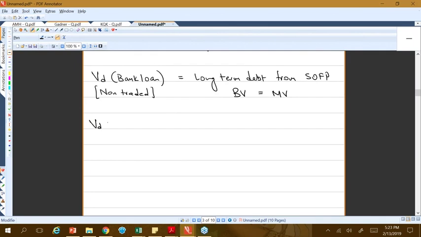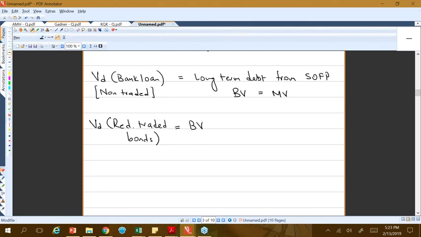Then the VD of the redeemable traded bonds. Redeemable traded bonds or the debt. Now, because these are traded, therefore they will have a market price. So what we need to do now is to take the book value of these bonds, and we will find the book value of these bonds in the SOFP.